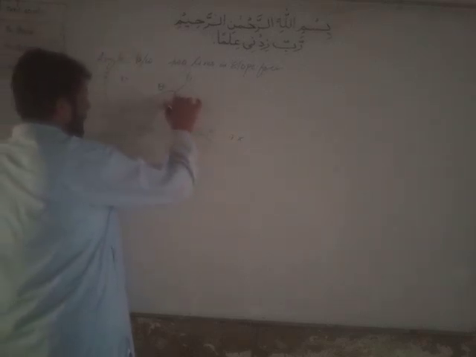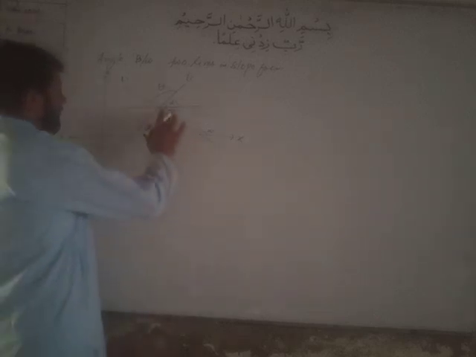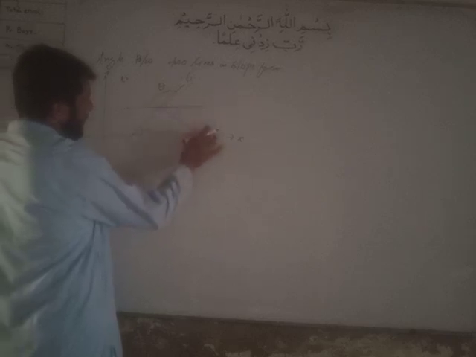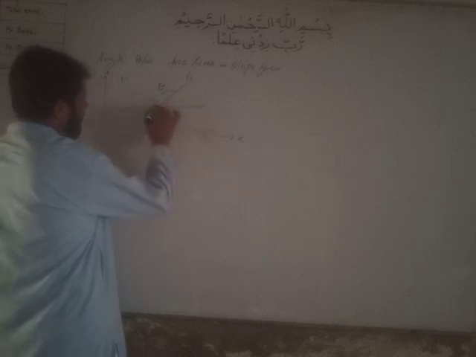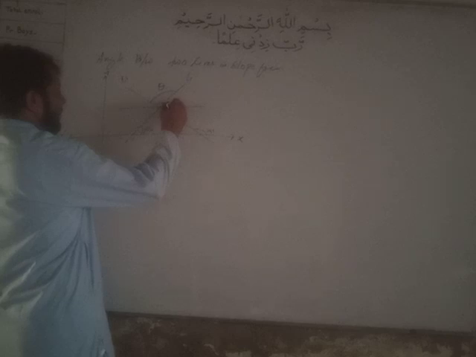So how to find theta? We derive the formula for theta. This will be angle 1 and this is angle 2. Here this complete angle is alpha 1, and this will be alpha 2.